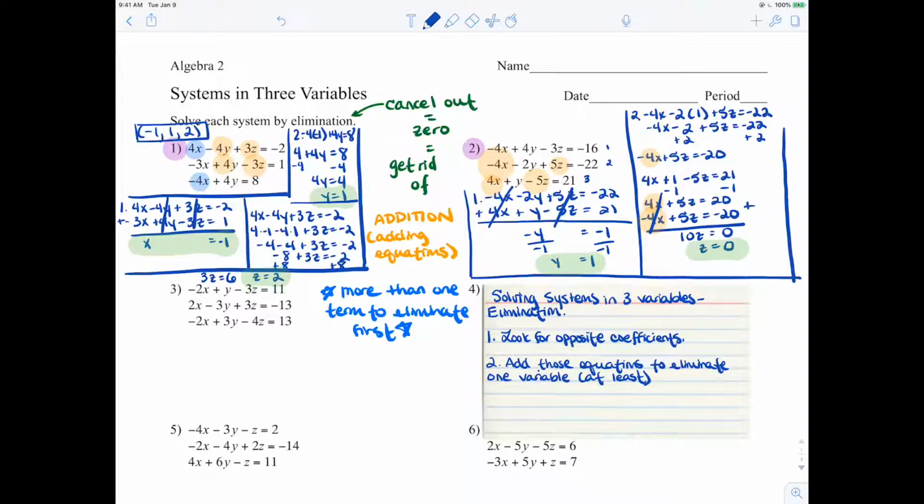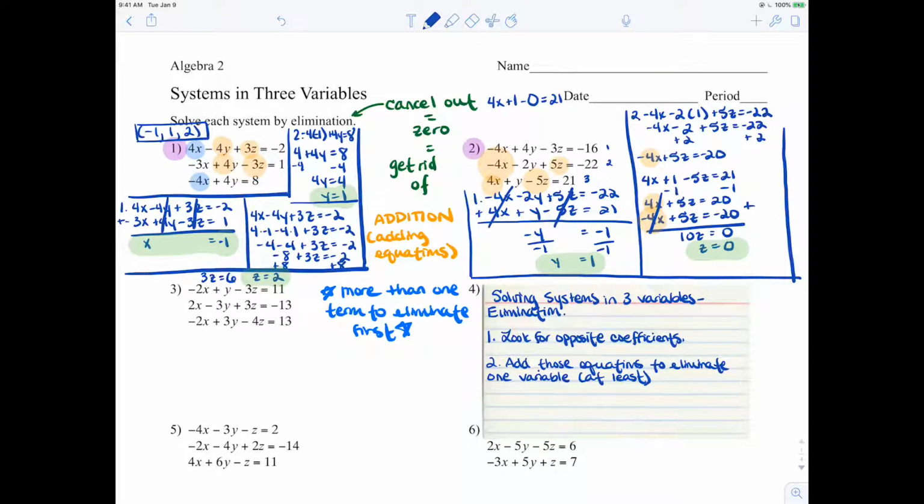I see that it'll probably be easiest to substitute into the third equation. So 4x plus 1 minus 5z equals 21. And we know that z equals 0, so we can erase this and put 0.